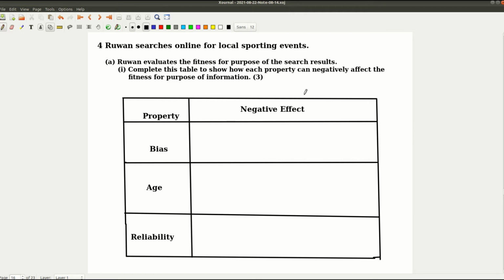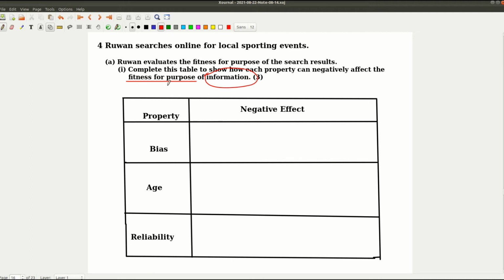The meaning of this question, they're asking about fitness for purpose of the information. We can see a lot of information on the internet, right?